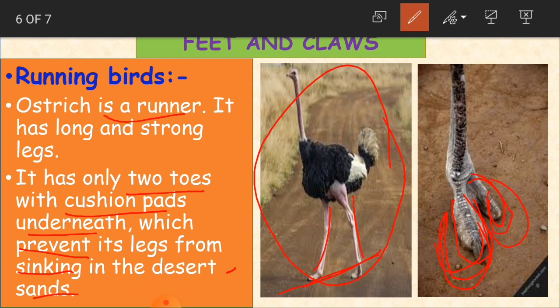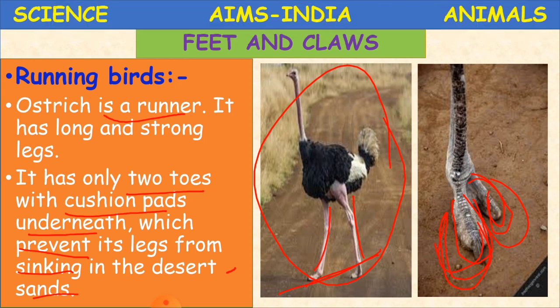They are able to run, walk, hold their support on trees, and climb. All these features are possible because of their feet and claws. Clear, children? Hope you have understood this. So we'll conclude our topic here.